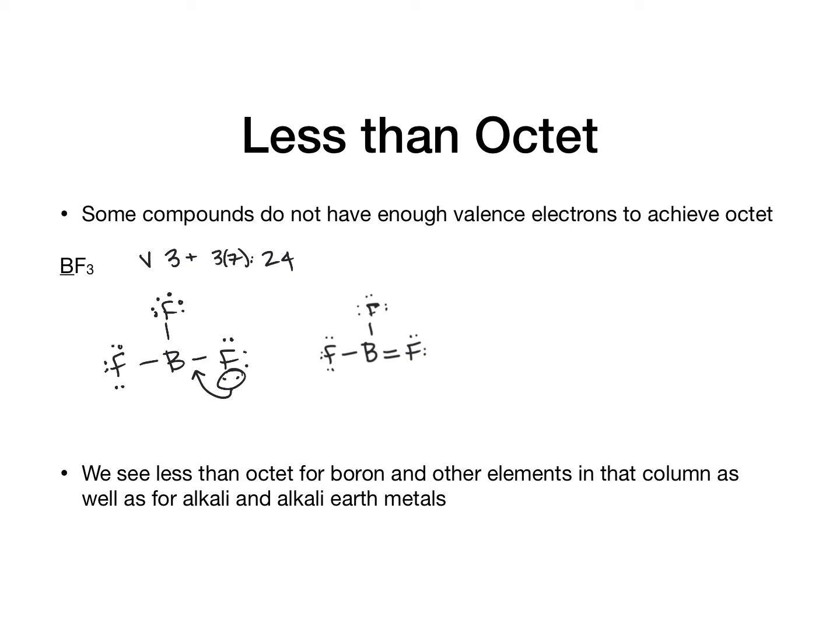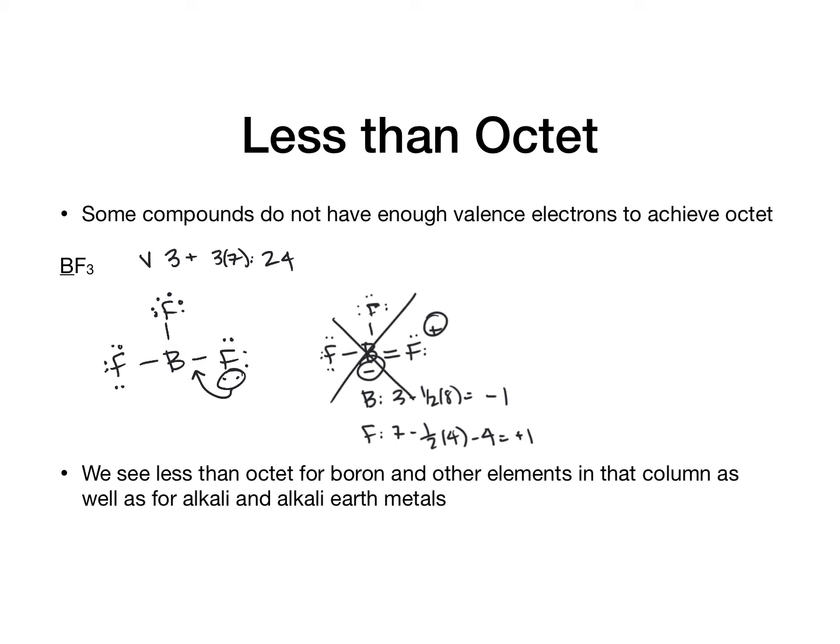So let's calculate the formal charges, because you should get in the habit. Boron is 3 minus half of 8, and that gives you negative 1. And for fluorine, down here at the bottom, it's 7 minus half of 4 minus 4, and that gives you plus 1. So this structure has a positive charge on the most electronegative atom. So this is non-preferred.